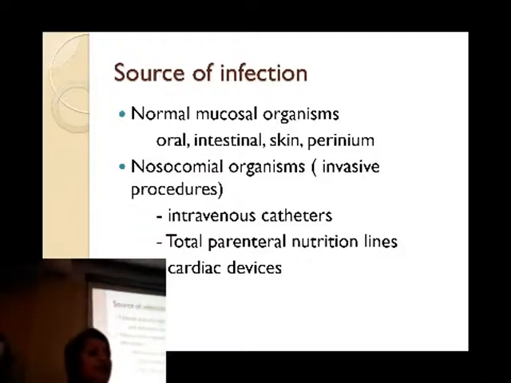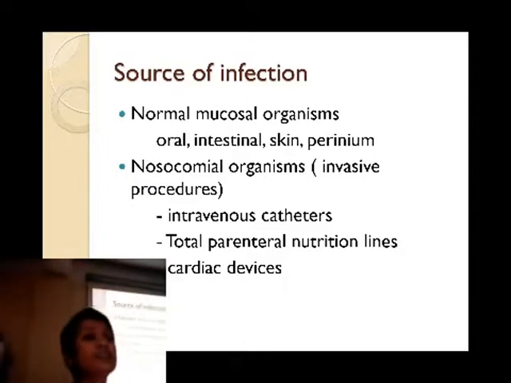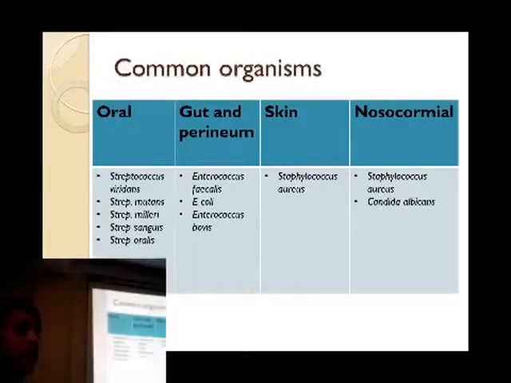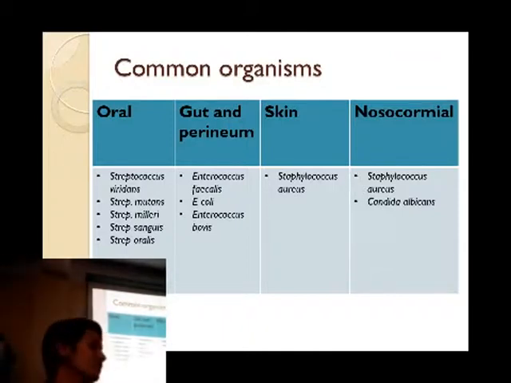Since medical procedures and interventions are increasing in number among us, we are coming across more and more nosocomial organisms also causing infective endocarditis. Now, if we take the common organisms of normal mucosal surfaces, this is the distribution. From the dental surgeon's point of view, the most important organisms are from the oral cavity.